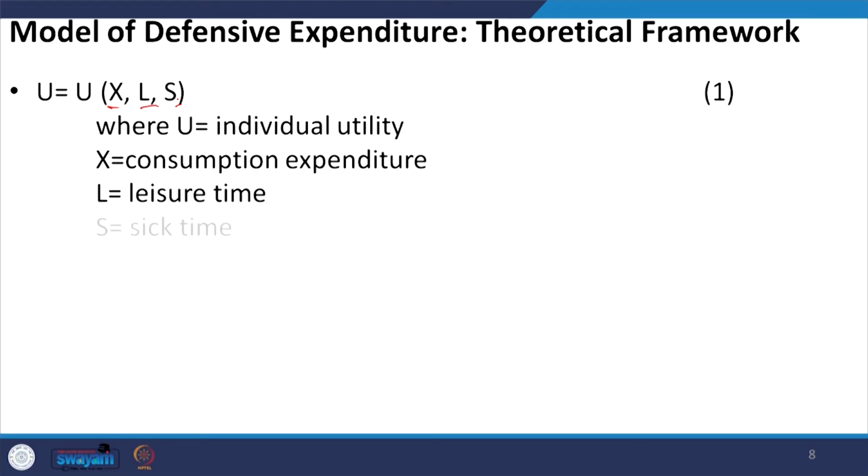The third variable that impacts his utility is how many times the person is suffering from any kind of sickness.